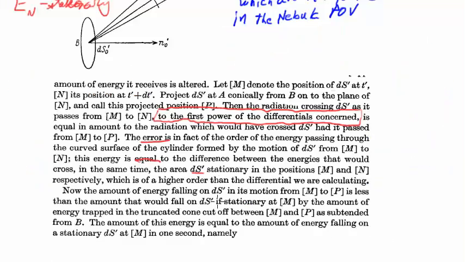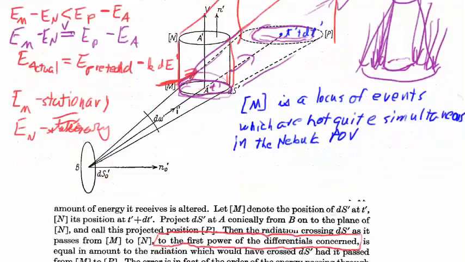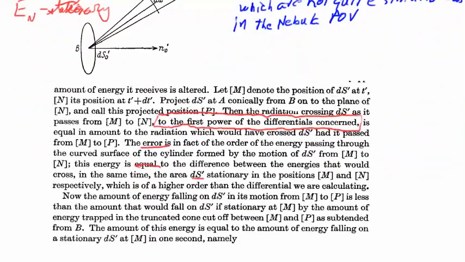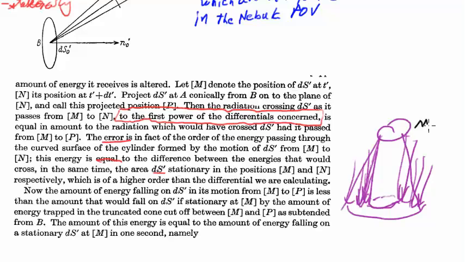The amount of energy falling on ds prime, let me copy that image down, in its motion from m to p is less than the amount that would fall on ds prime if stationary. Okay, this is what they're saying. Let's call that the actual motion from m to p.